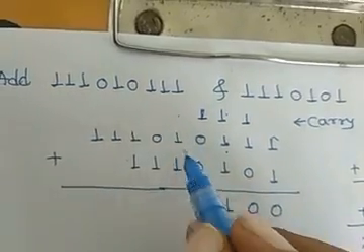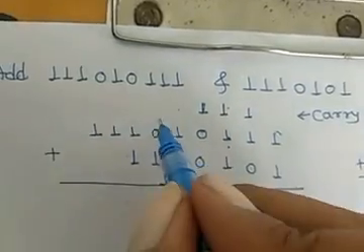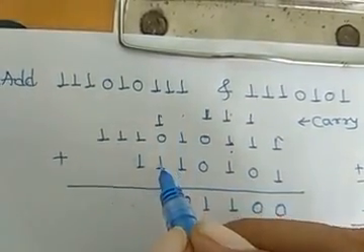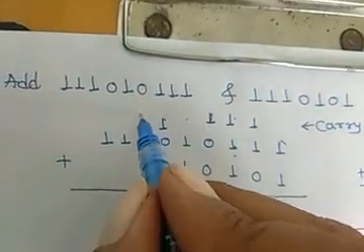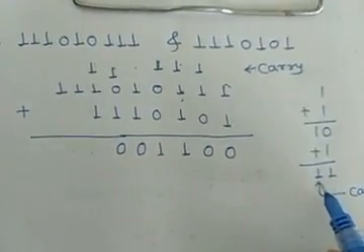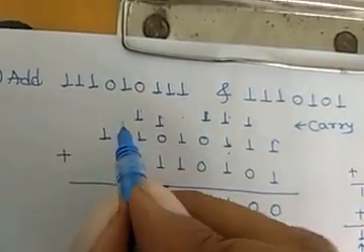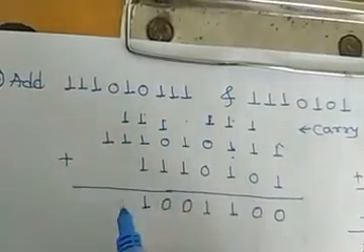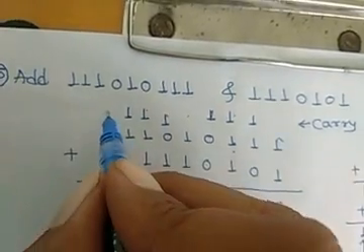So next number 1 plus 1 is again 10, we write 0 here, carry is 1. Again 1 plus 0 plus 1 is 10, we write 0, carry is 1. 1 plus 1 plus 1, which we have calculated here, 11 is again 1, carry is 1. 1 plus 1 is 10, we write 0 here, carry is 1.